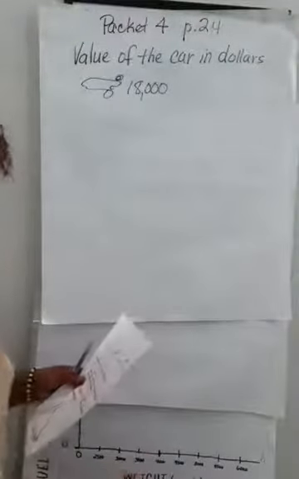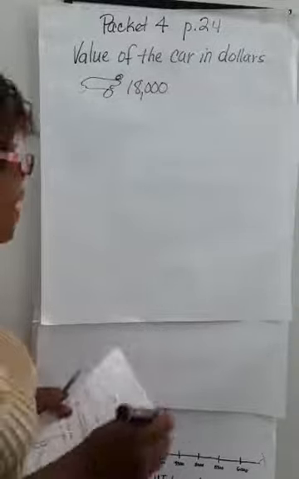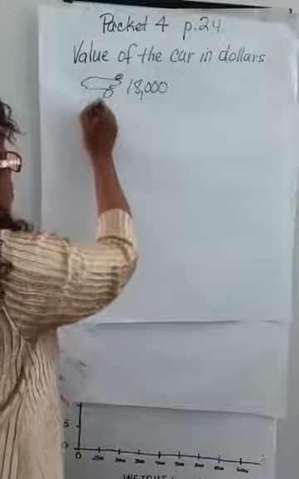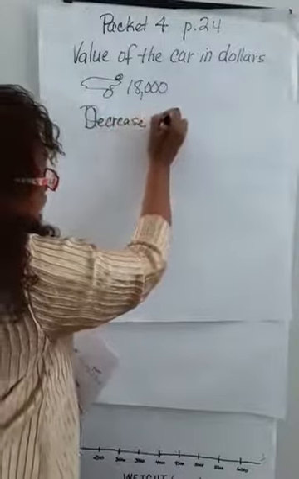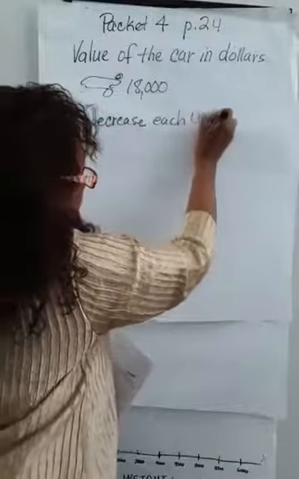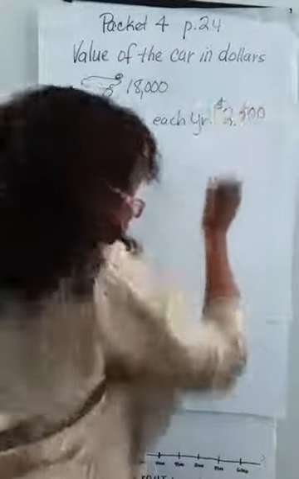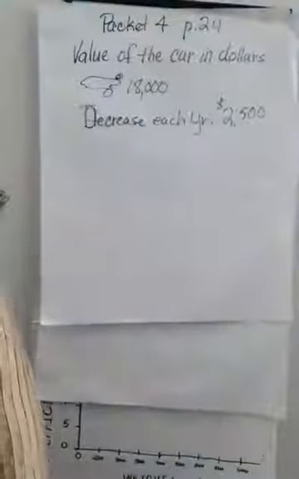She has been told that the value of the car is likely to decrease by $2,500 each year. So the car is going to decrease. The car will decrease each year by $2,500.